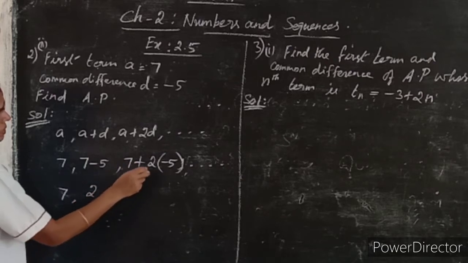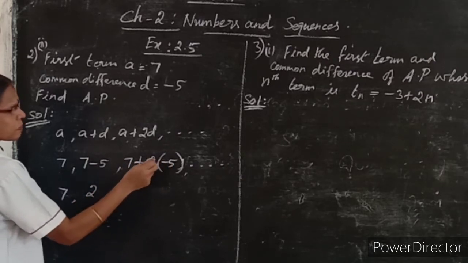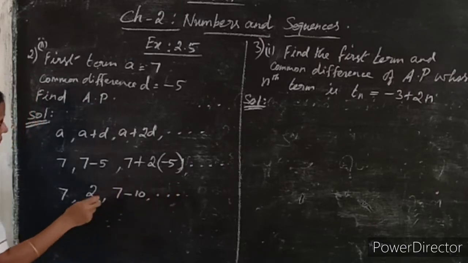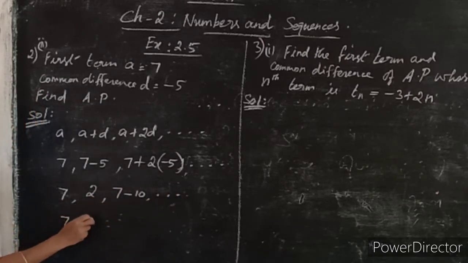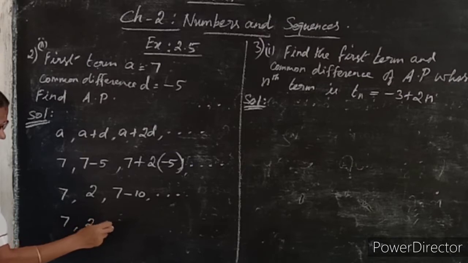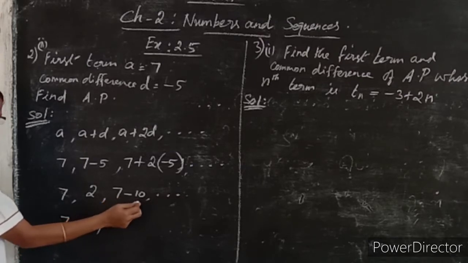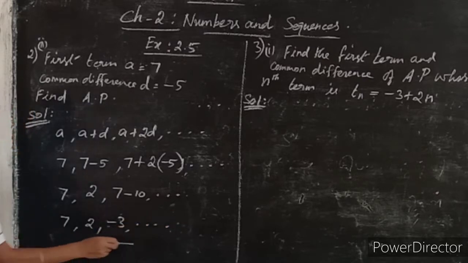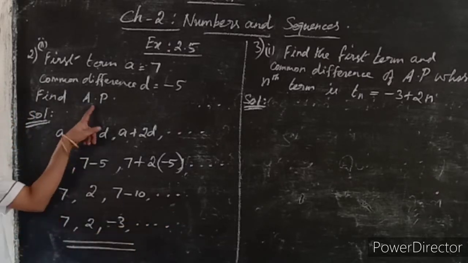Here 2 fives are 10, plus into minus is minus, so minus 10, etc. Simplify this: 7, comma, 2, comma, 7 minus 10 is, subtract and put the greater number's sign, so minus 3, etc. This is our required AP.